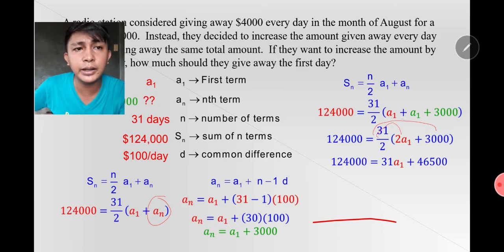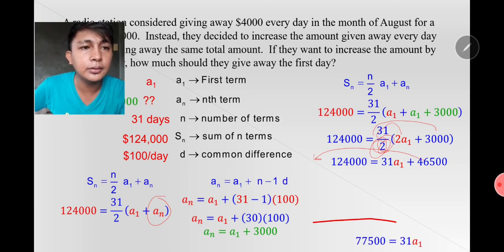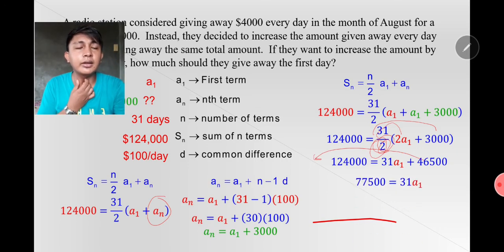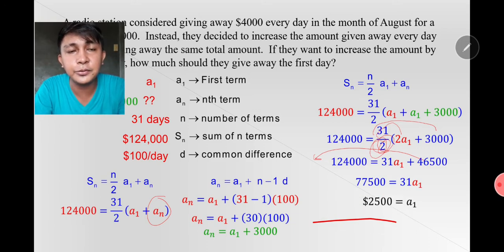Bali, divided by 2 na siya since mayroon tayong denominator. Okay, so, what's next? We have to add negative 46,500 in both sides of the equation. There we have it. 77,500 is equal to 31 a sub 1. And we have now a sub 1 is $2,500.